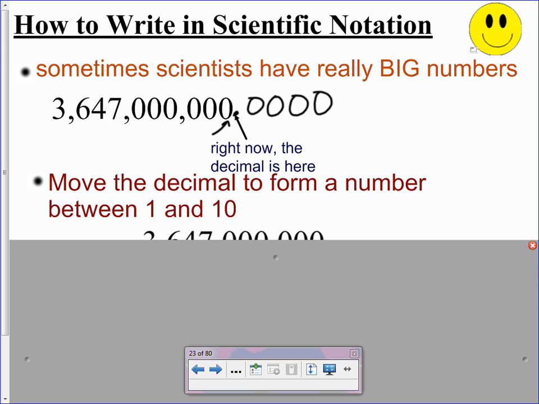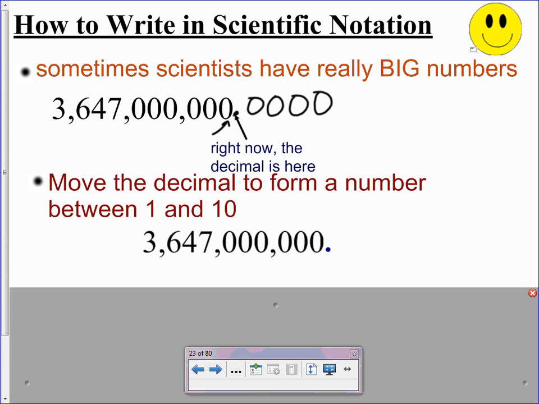So here's our decimal point, and we're going to move 1, 2, 3, 4, 5, 6, 7, 8, 9. Once you make it to that point between 1 and 10, you're going to make a new decimal point. And once we've created our decimal point, we don't really need these zeros anymore. It's just 3.647.